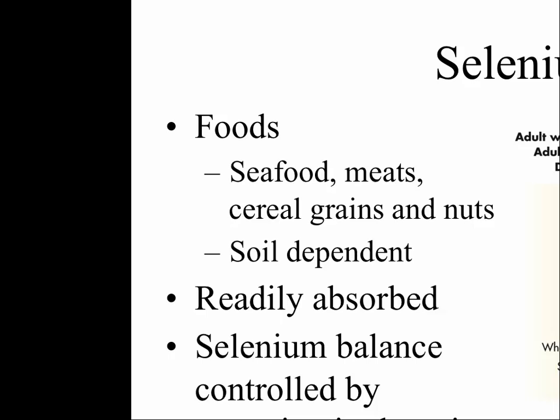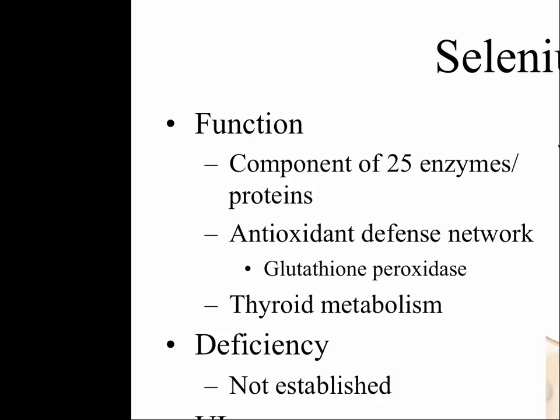So it's readily absorbed, and it's primarily controlled through urinary excretion. Like the other minerals we just talked about, it's involved in enzymatic activities, and one of which is important for antioxidant defense: glutathione peroxidase.